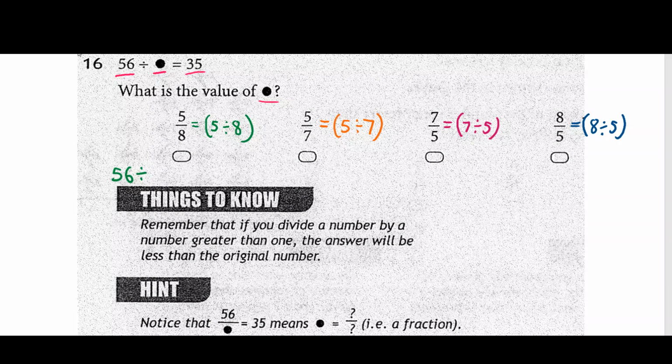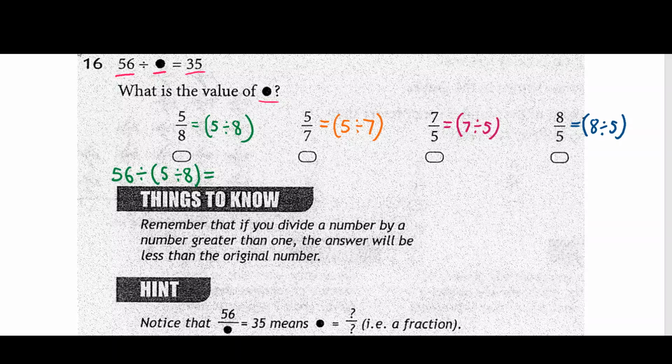So 56 divided by a bracket 5 divided by 8 gives us, and what you can do is type it straight into your calculator.